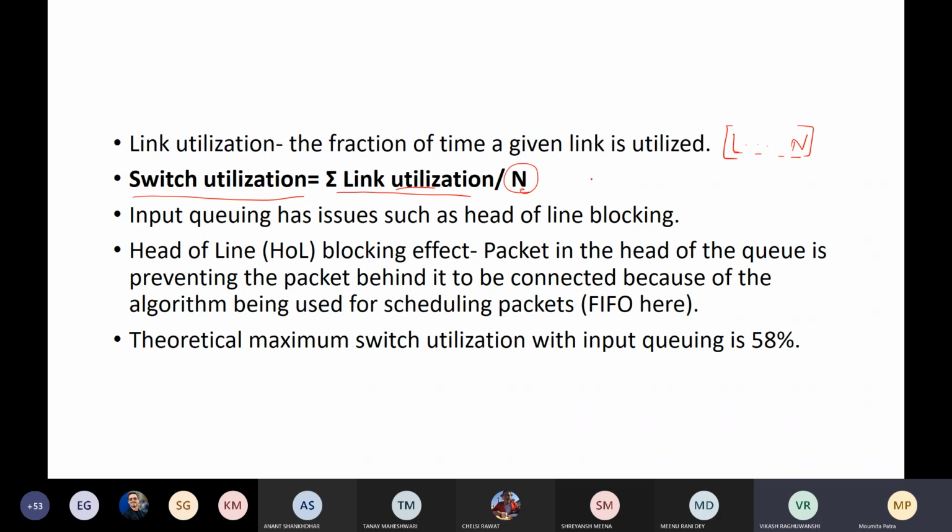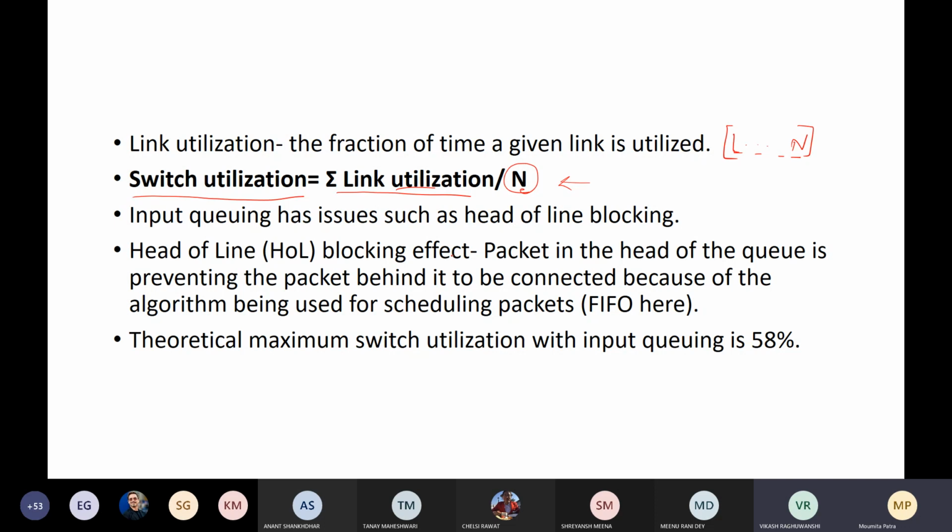Suppose I am making a new switch fabric and I want to see how efficient it is going to be, then I would need these kinds of metrics. I would need to see how much better it is actually performing.